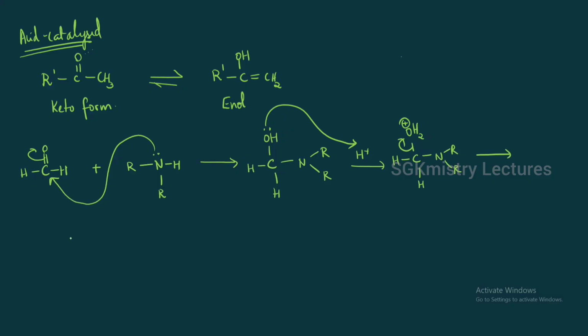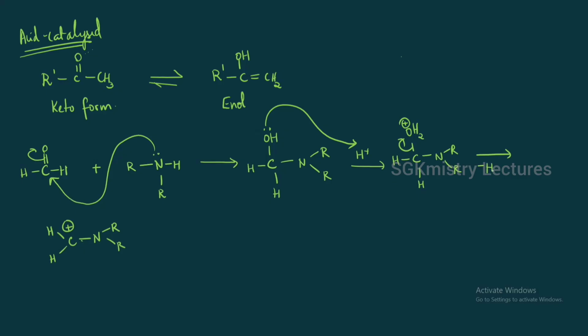Because of which you get CH2, here there will be the plus charge present, along with N and R, right? So now there is the removal of a water molecule.